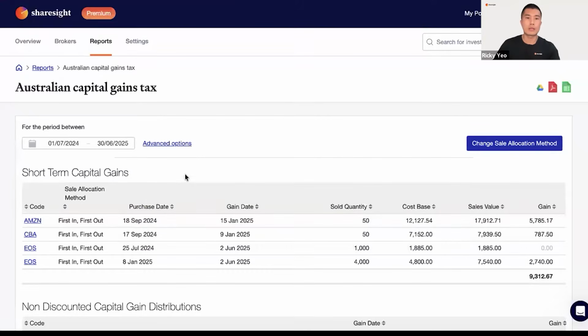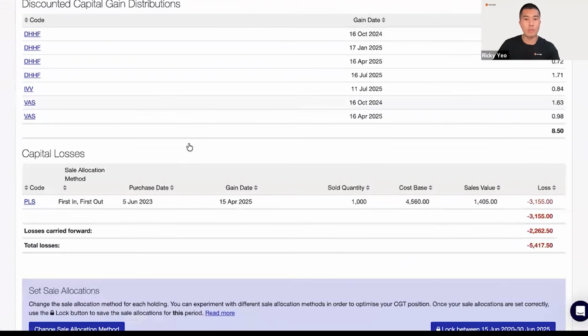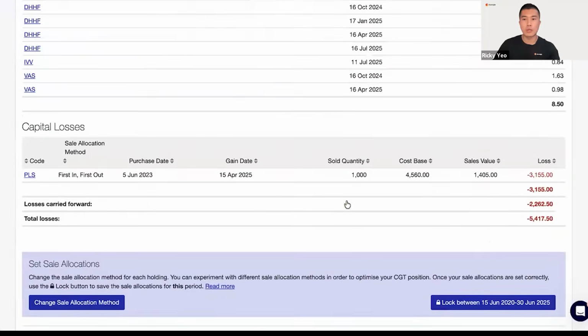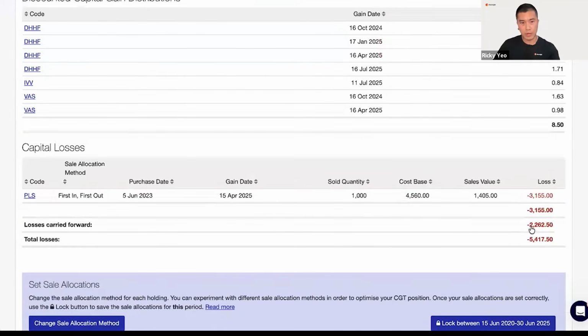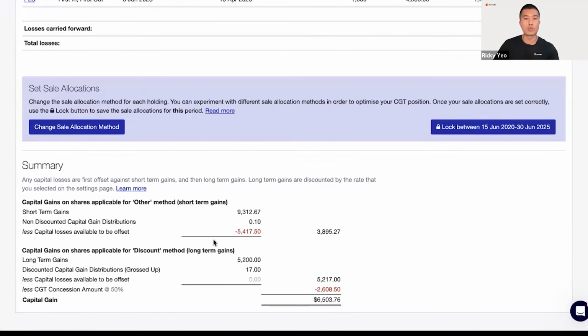It will show up right at the capital losses in the summary. It sums up with the capital losses to get a total loss, and that total loss is applied to offset your short-term gain, and then goes through the calculation of long-term gains, the discount, and your capital gain.